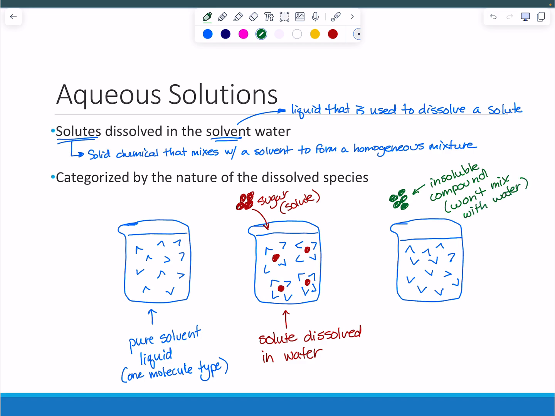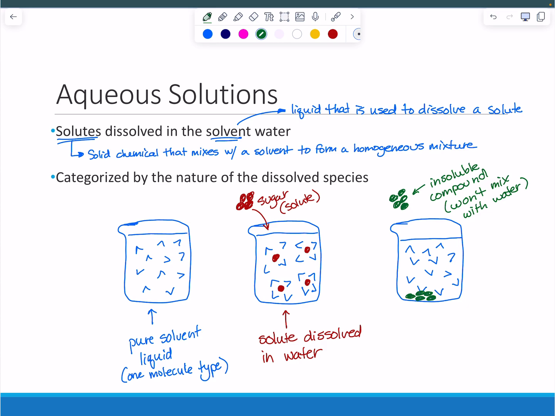And we're talking aqueous solutions here, but I could have something like oil be a solvent for something that's nonpolar. So if I took sugar or salt and tried to dissolve it in oil, it wouldn't dissolve, it would be insoluble. And so what happens when we try to put something that's insoluble into our solvent is that it's just going to stay clumped together in its own little corner at the bottom of the beaker.